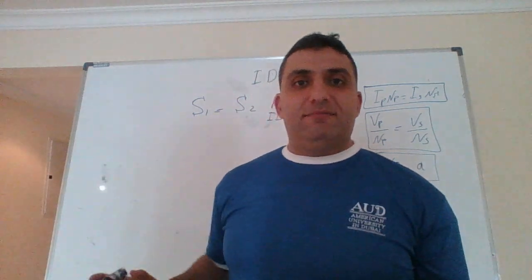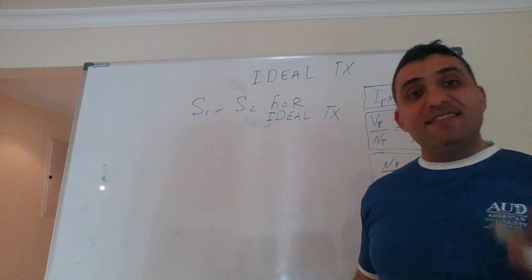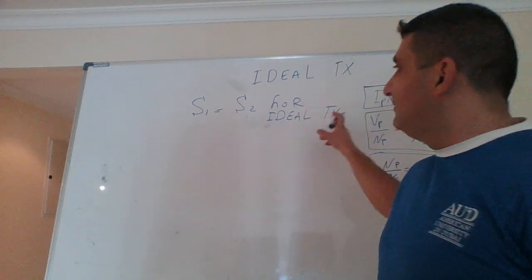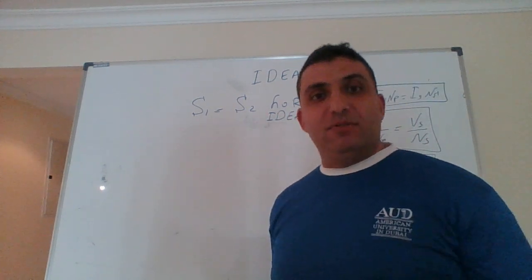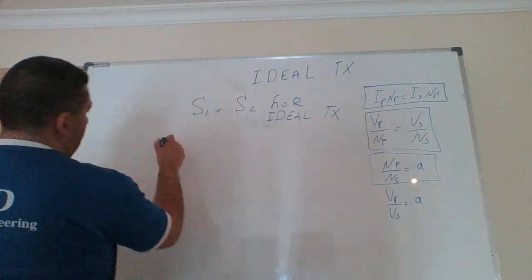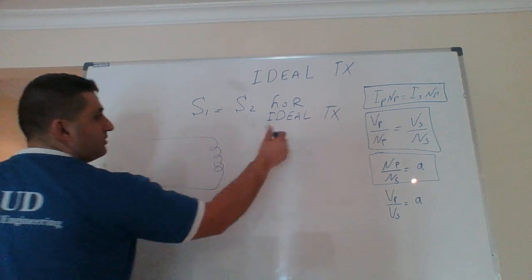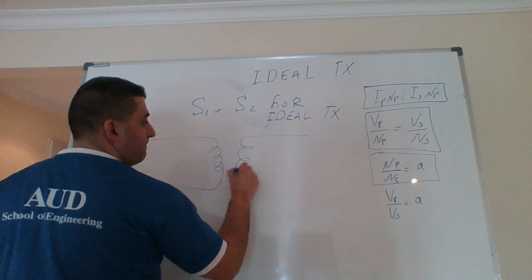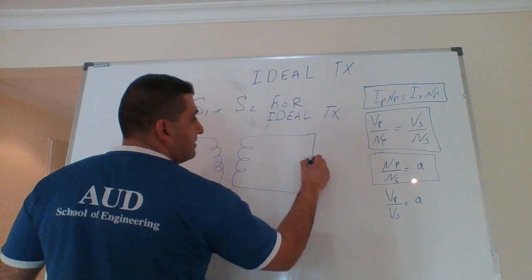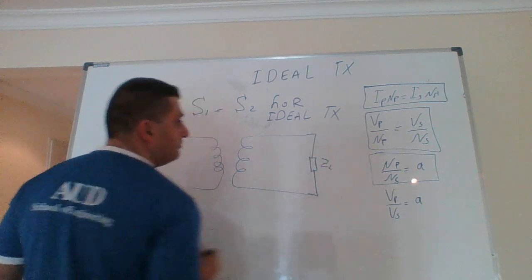One more relationship I need to establish for an ideal transformer is the impedance relation between the primary and secondary. Pay attention to this. Let's assume I have a single phase transformer. That's an ideal transformer, single phase. This transformer is supplying a load of Z2.